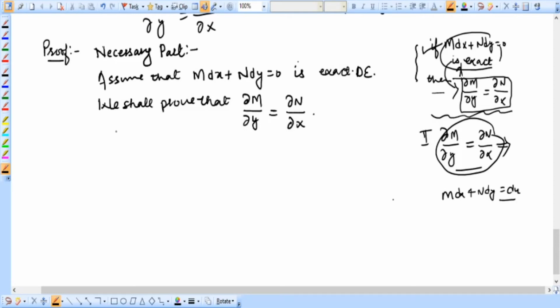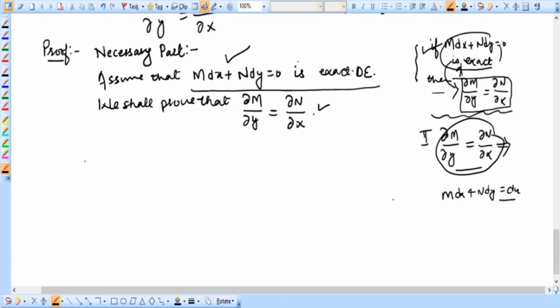So see, this we are going to prove using this statement, right? So now you see, we have assumed that this equation is an exact differential equation, right?